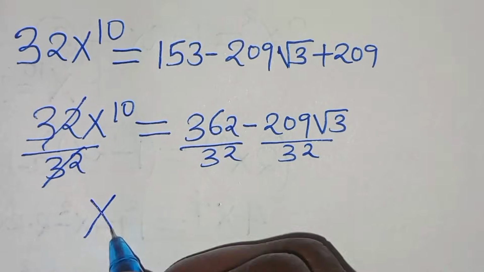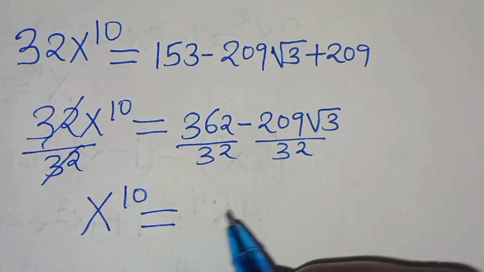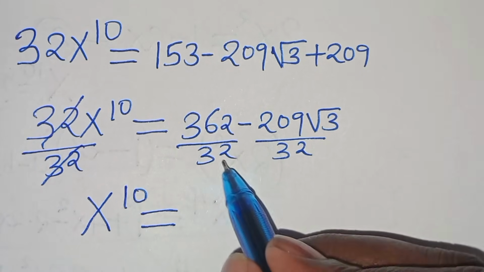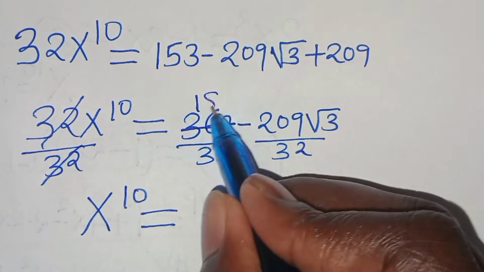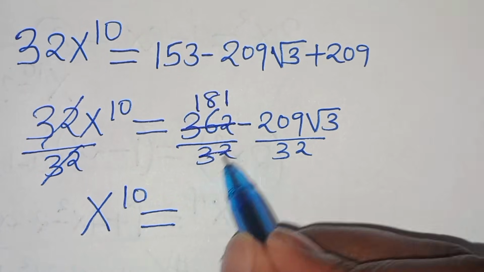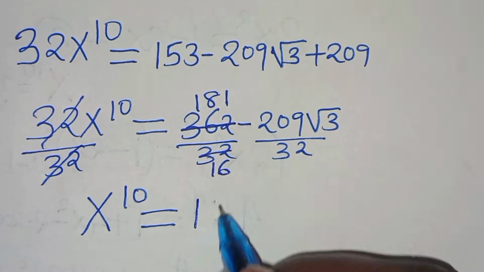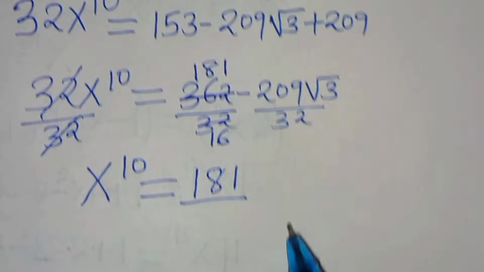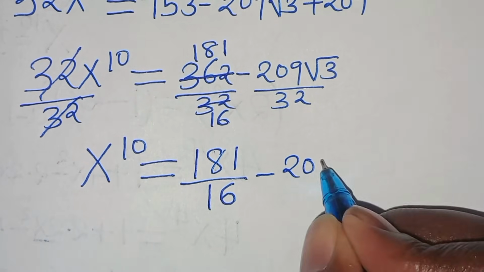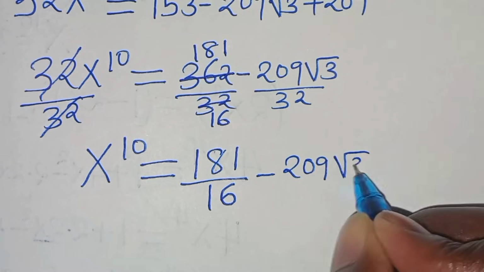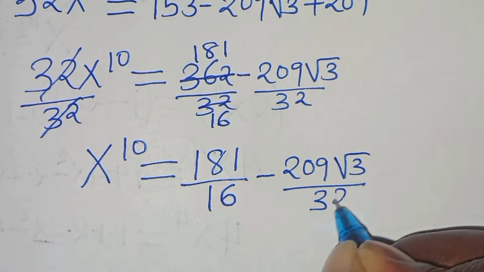And that means that x to the power of 10 is equal to 362 divided by 2. We can divide here by 2. 362 divided by 2 is 181, and 2 divided by 2 is 16. So 181 over 16 minus 209 square root of 3 divided by 2.